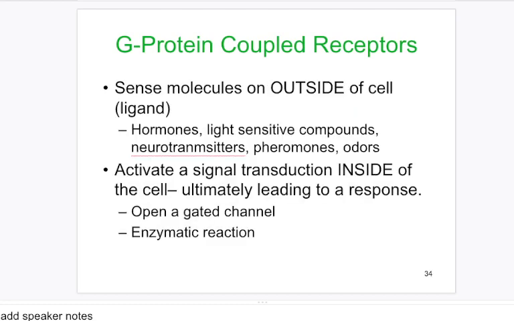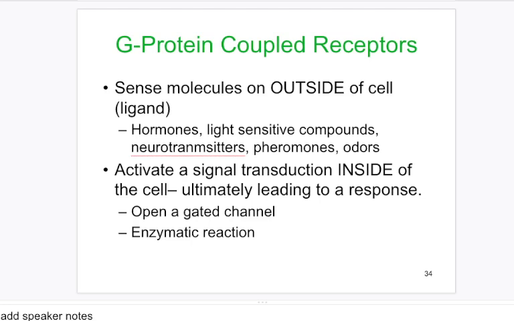G protein coupled receptors are going to sense molecules on the outside of the cell. So these molecules are the ligand, the chemical messenger that has a target cell in order to transmit this message. Hormones, light-sensitive compounds, neurotransmitters, pheromones, and even odors are examples of these that use this type of receptor for communication.